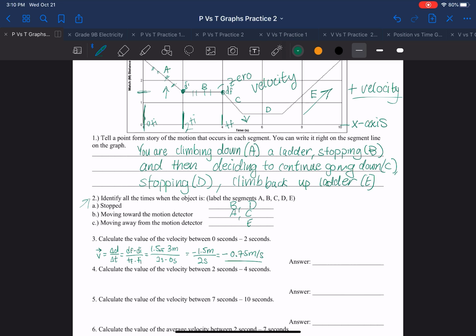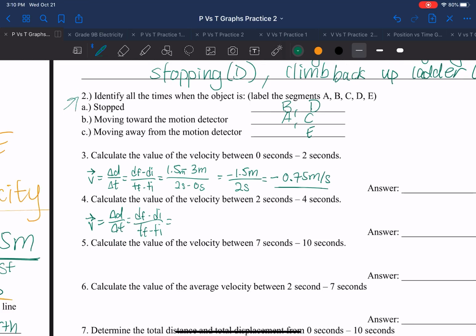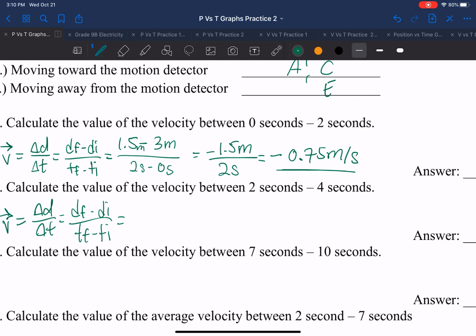We're going to plug those points into our formula. V equals change in d over change in t. We're going to plug in DF of 1.5 meters minus 1.5 meters.